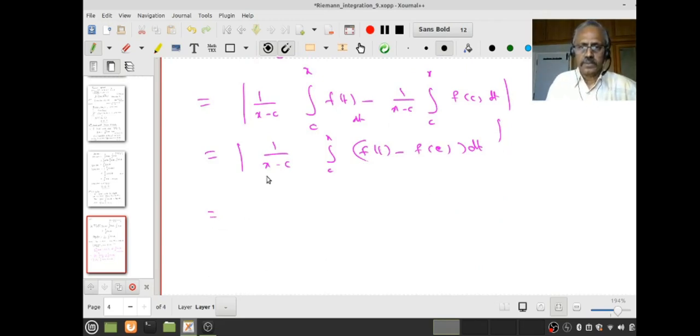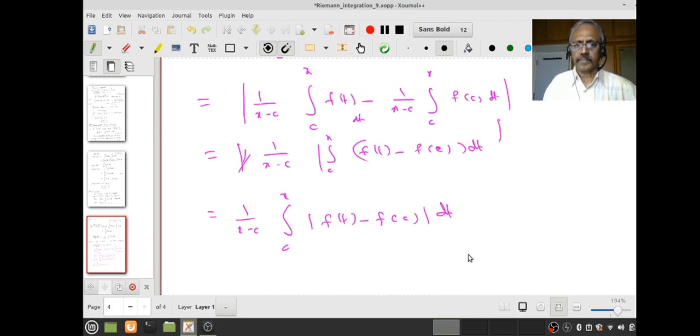Now remember, x I am taking greater than c, therefore 1 upon x minus c is positive, therefore I can take 1 upon x minus c out, and the modulus comes inside. But for the modulus of an integral, we already know the basic estimate, that this is at most 1 by x minus c integral c to x of the modulus of f of t minus f of c dt.